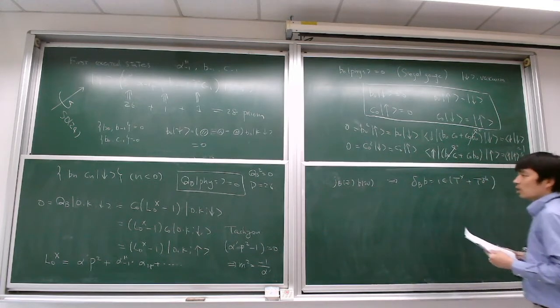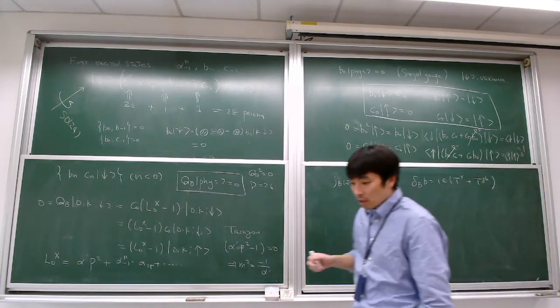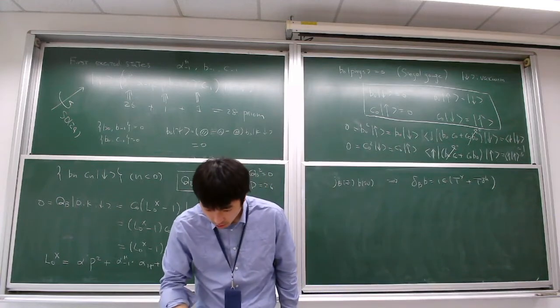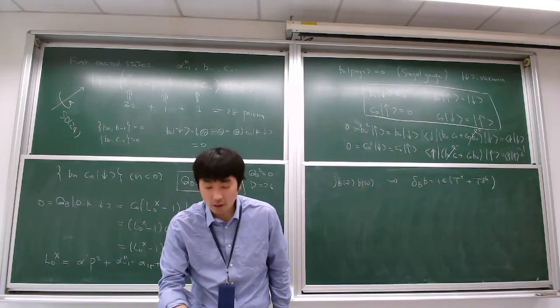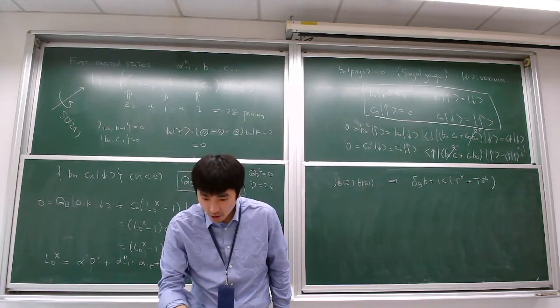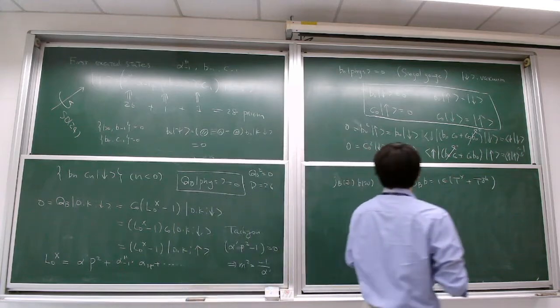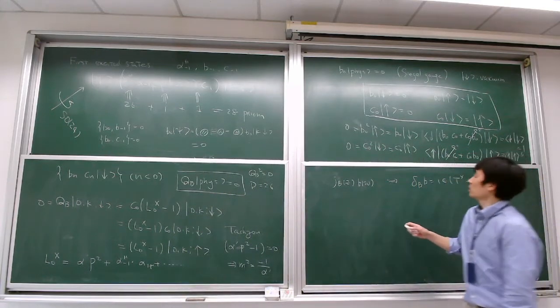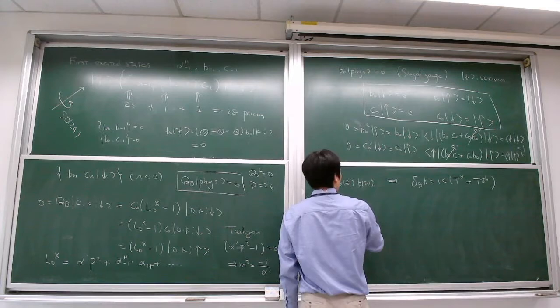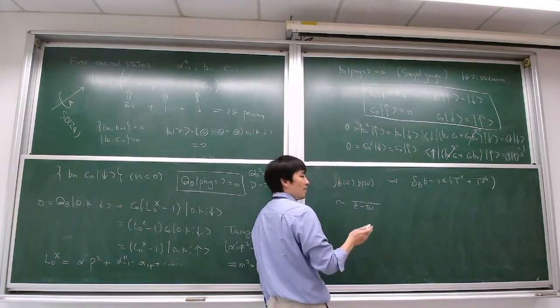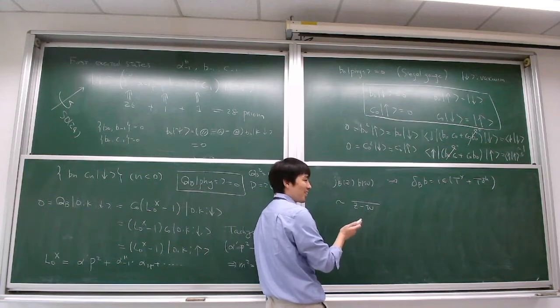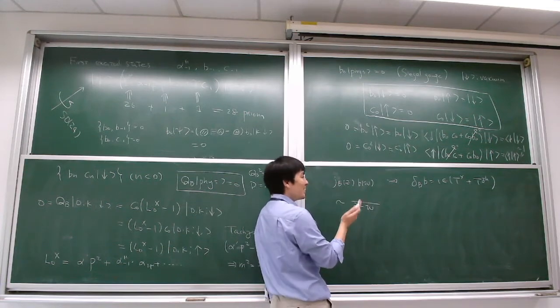Did I ask you to compute this one in the homework? I already forgot. Maybe not, but essentially you need to do this one in the homework. Anyway, from here, definitely the leading term should be something like the, how to say, least singular term.